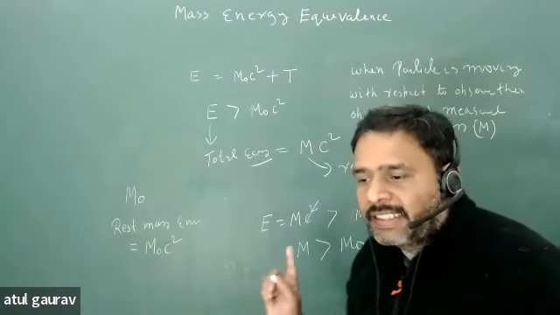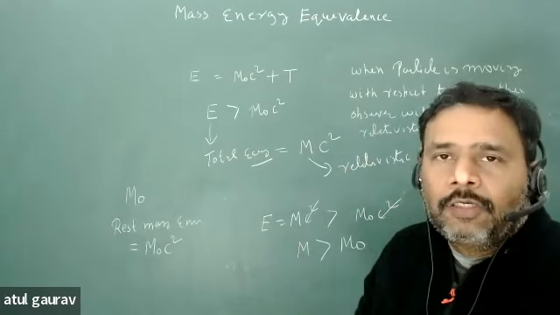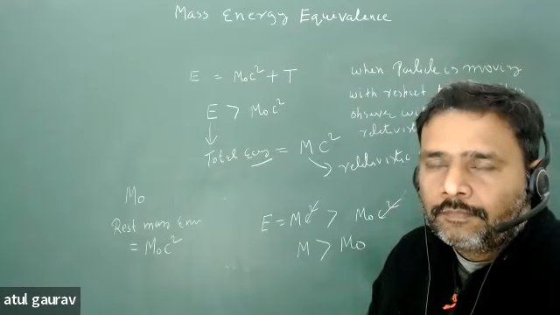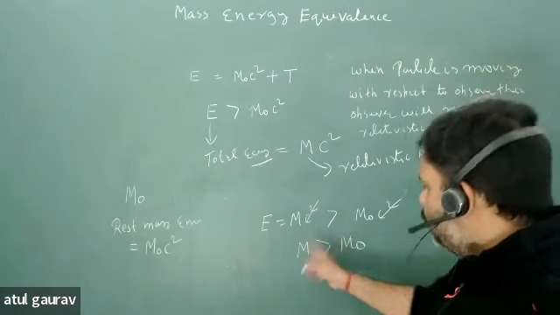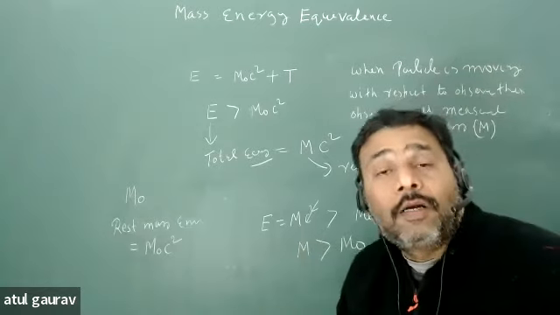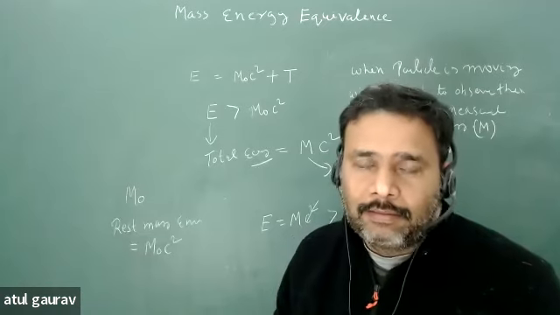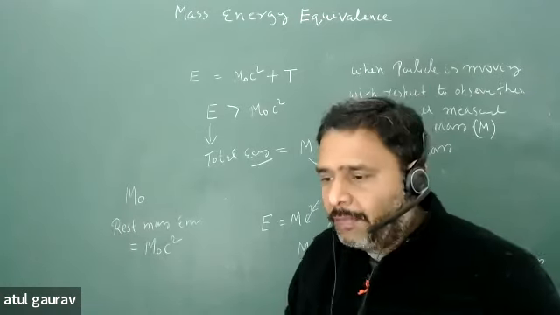Sir, this is the same kind of thing as time dilation, isn't it? Yes. And Einstein proved this thing, and you will not believe it, this proof is with the help of time dilation.